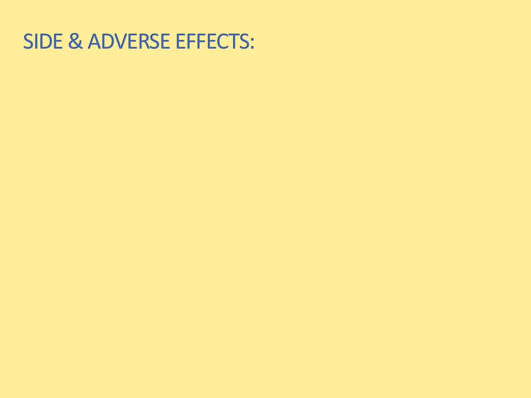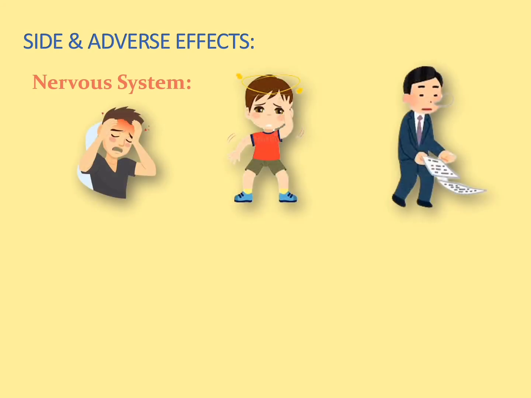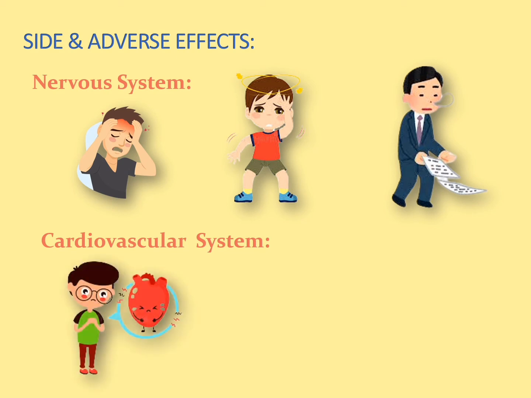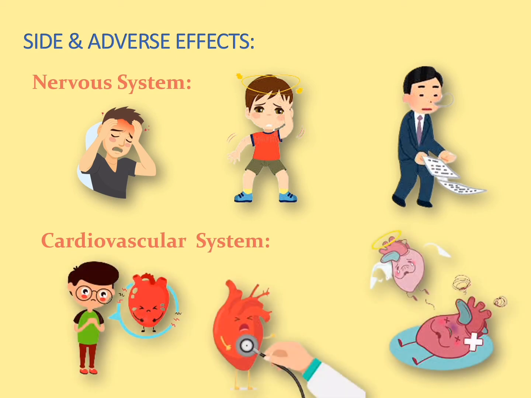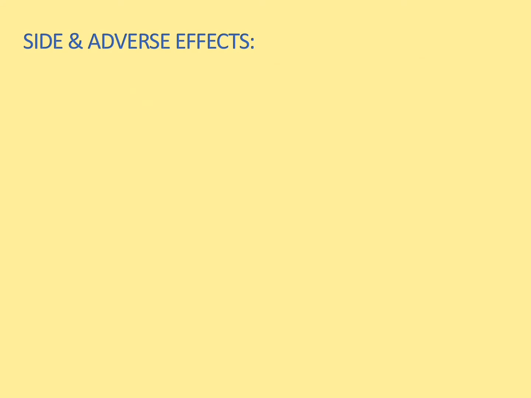Yay! We're almost done! Now I am going to tell you my side and adverse effects in each body system. In the nervous system, my side effects are headache, dizziness, and somnolence. For the cardiovascular system, my adverse effects are tachycardia, dysrhythmias, and myocardial infarction.